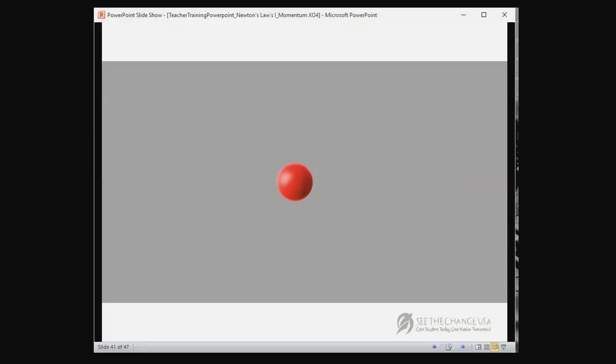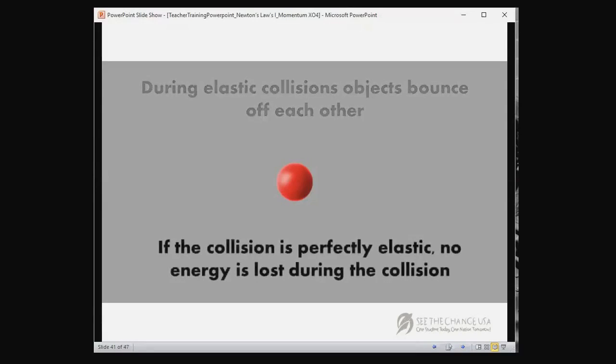And also, if this was perfectly elastic, no energy would be lost. So we can see the kinetic energy of both objects, and we would find that the kinetic energy of the red ball before would be exactly the same as the kinetic energy of the blue ball after the collision.